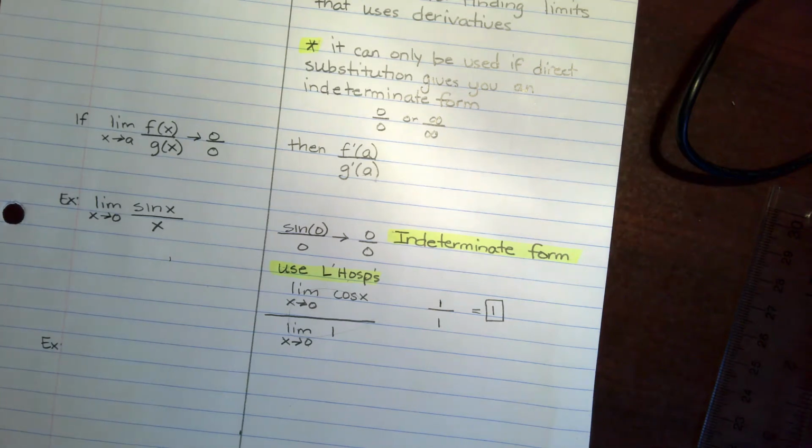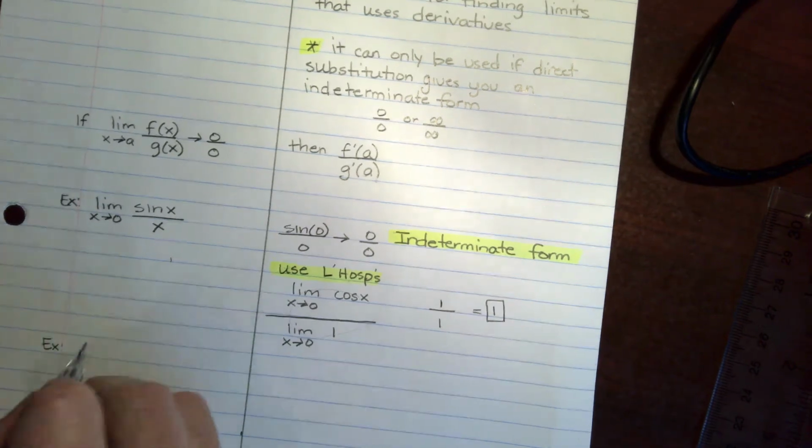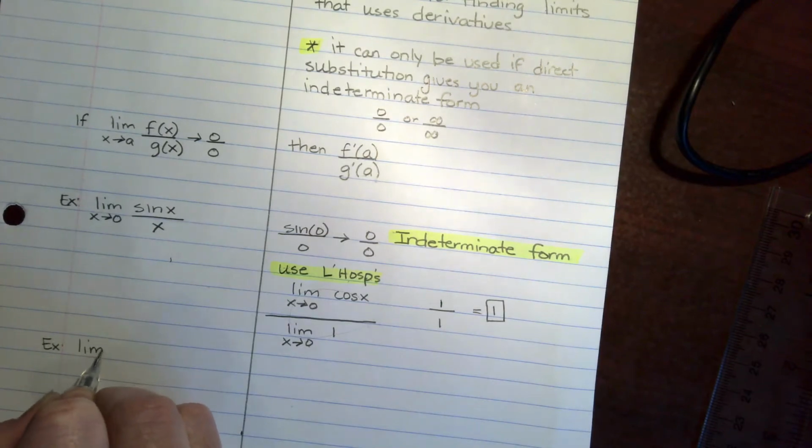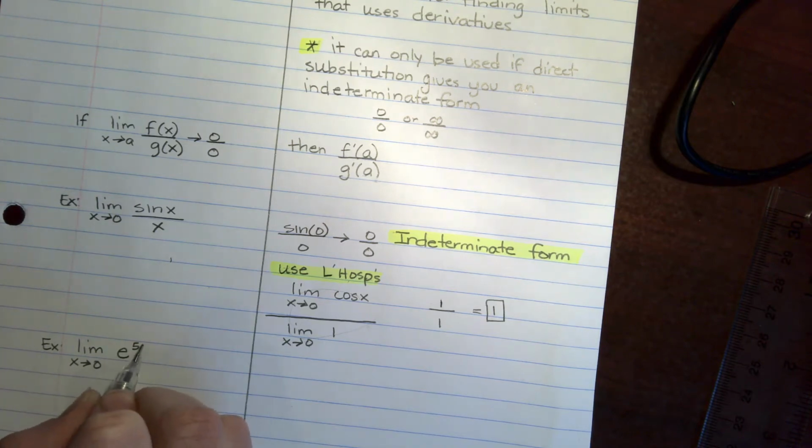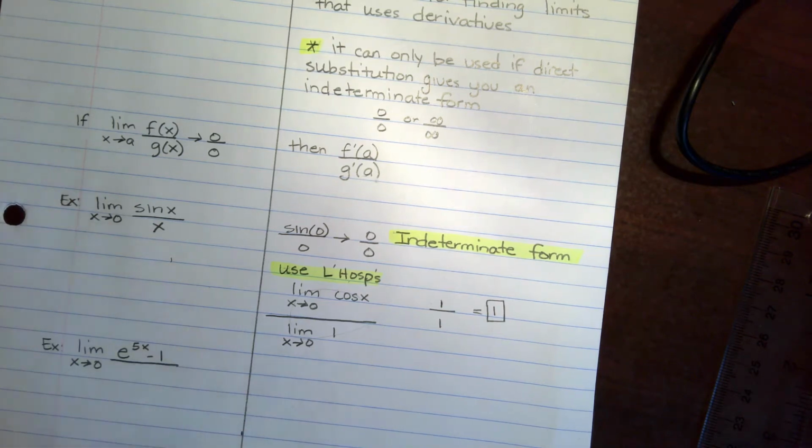Okay, let's look at something that looks a little bit bigger. Let's say we have the limit as x approaches 0 of e to the 5x minus 1 over 3x.